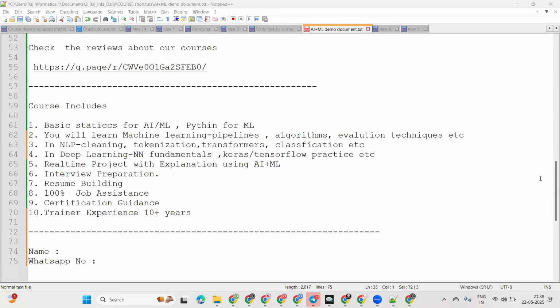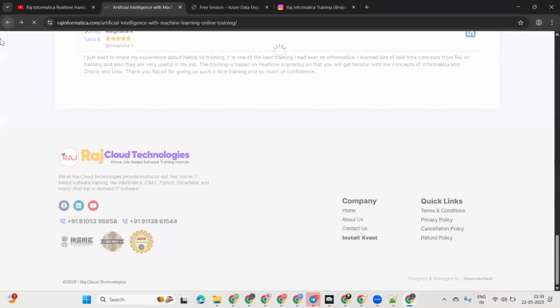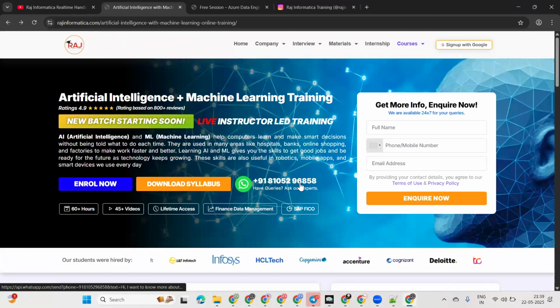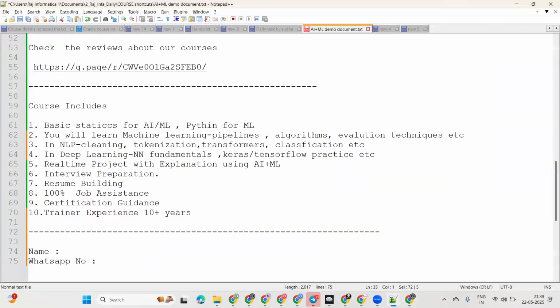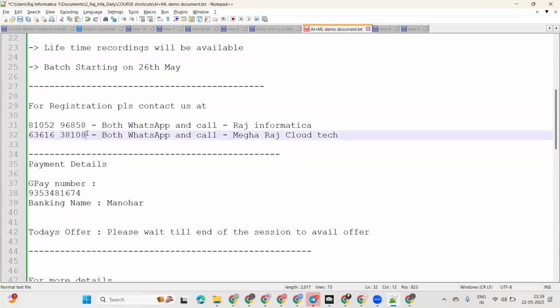For the registrations you can visit our website as well. As I said, in the website we have mentioned the contact numbers where you need to contact us. This is the number 8105296858, and during the demo session I shared the other number as well, that is 636163810.